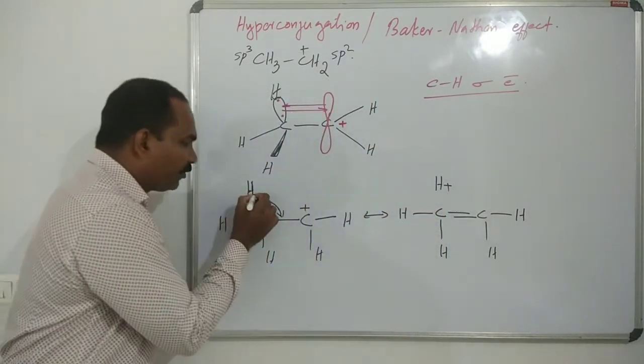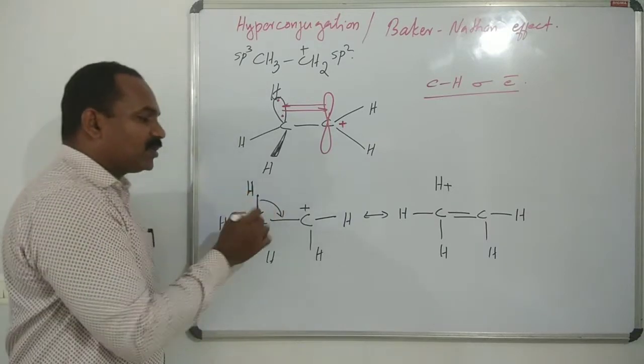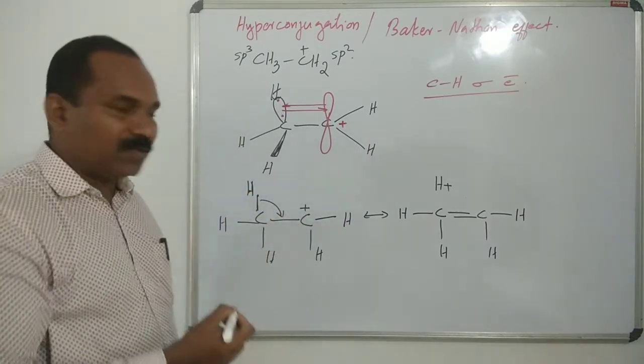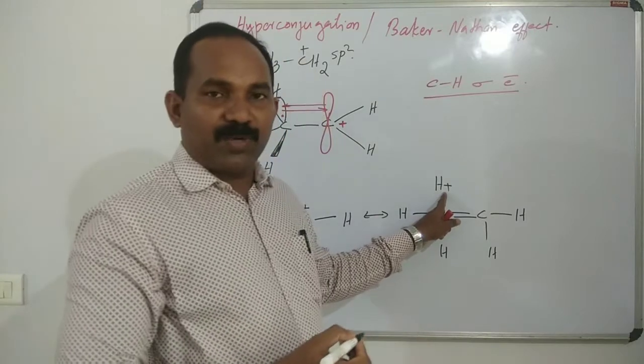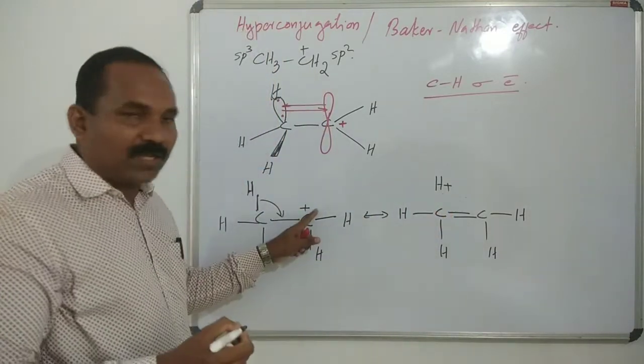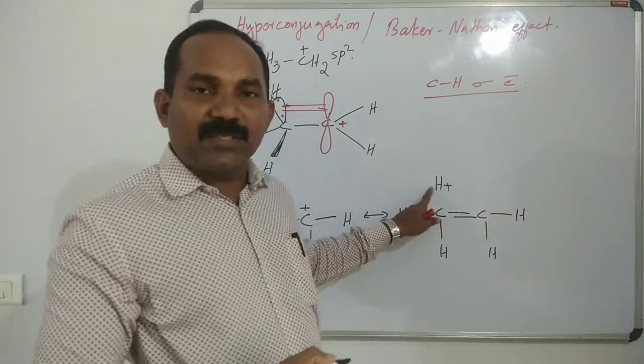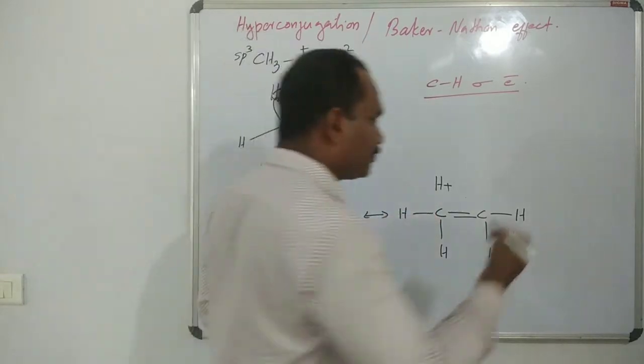Why? Out of these two electrons, the electron pair is shifted between the two carbon atoms. So here is H plus; here was the plus on the carbon atom, and now the plus is on the hydrogen atom.